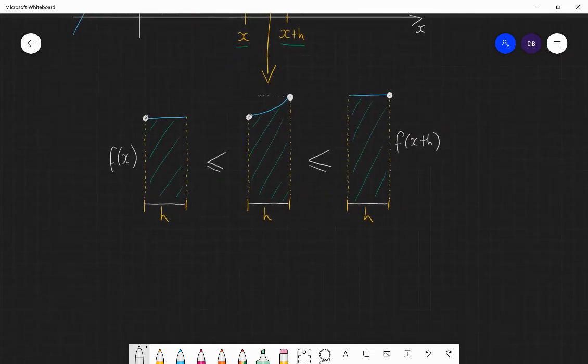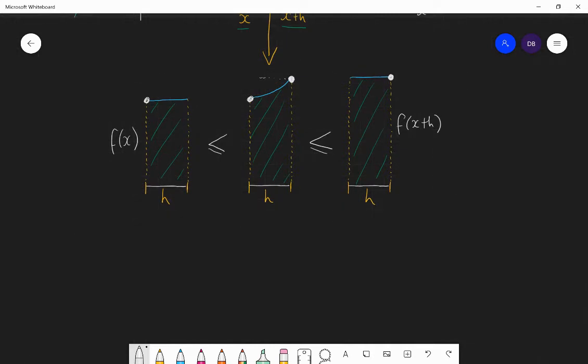So I know that the area that I want, and we've already stated what that is, A of x plus h minus A of x, I know that that is between h times f of x and h times f of x plus h. I know that, okay?